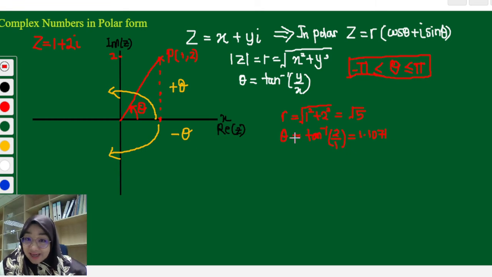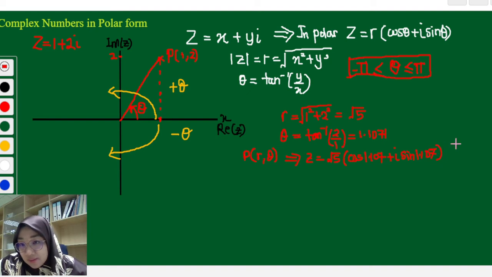Once we dah ada r and theta, so P tadi in polar coordinate r, theta is given by z equal to root 5 multiply with cos 1.107 plus i sin 1.107. So you solve it until you get this form. So this is the final answer.